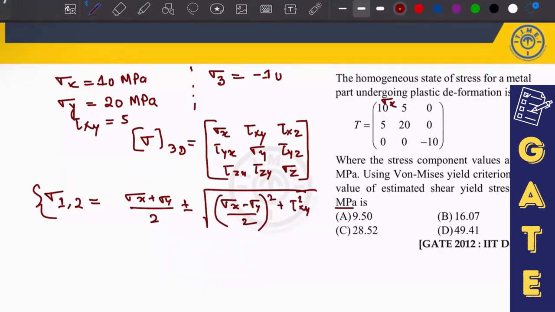From here you will get the values of sigma 1 and sigma 2.